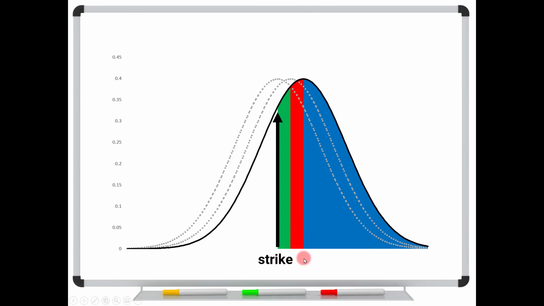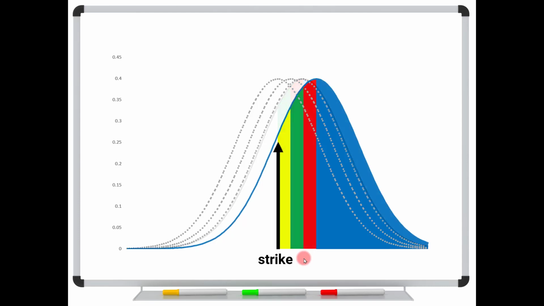So the stock price moves another dollar to the right. What happens? The strike price stays the same, so we're moving that curve to the right of the strike, and we're just filling in more of this area, and therefore our delta is increasing. As the stock continues to move to the right, we're filling in more and more of this area.